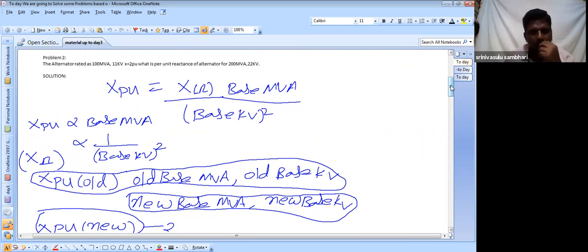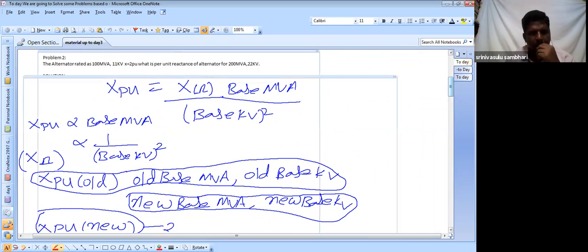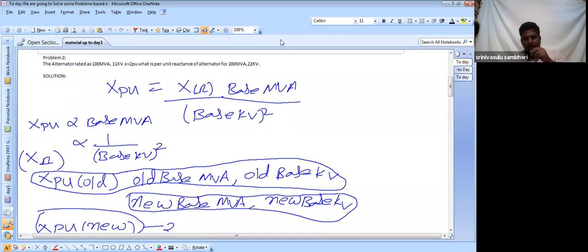If you change the base MVA, base kV, what happens? The current reactance will change. Now we are going to derive certain numbers.